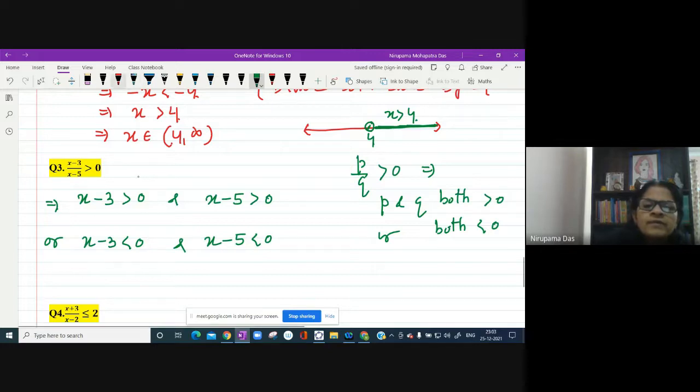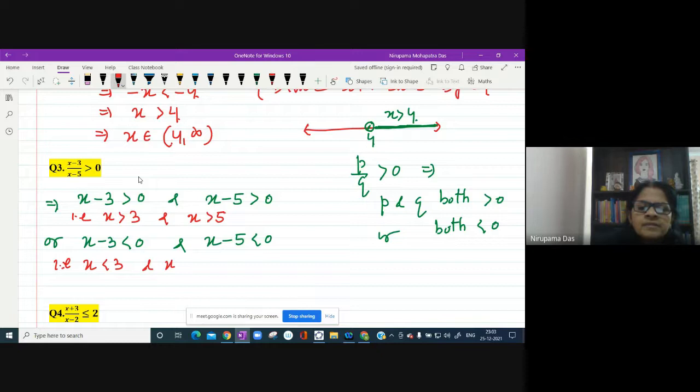Now, if x minus 3 greater than 0, it means x greater than 3 and x greater than 5. Similarly, here x less than 3 and x less than 5. Now here you see, when we say x greater than 3 and x greater than 5, what should be the conclusion?